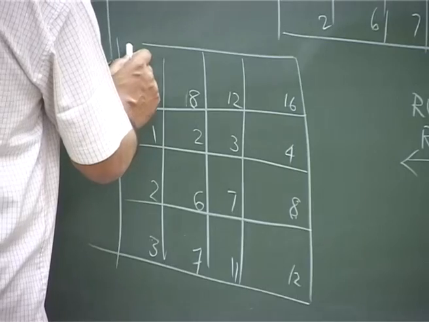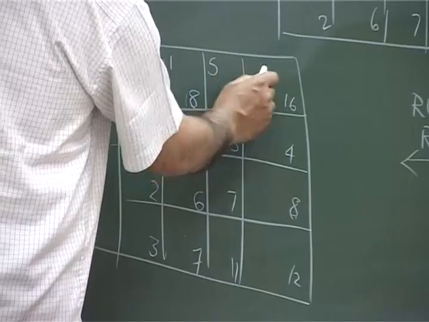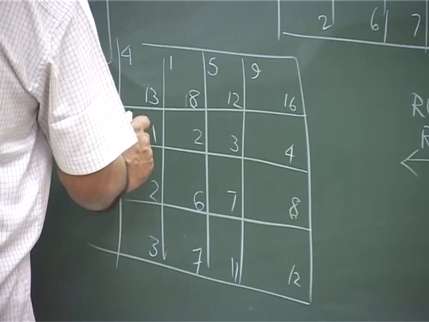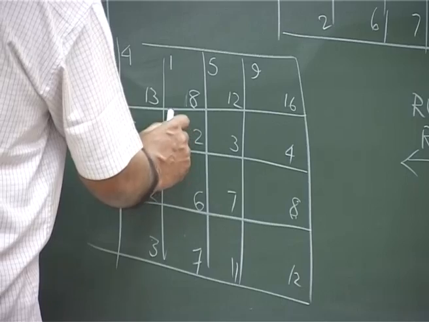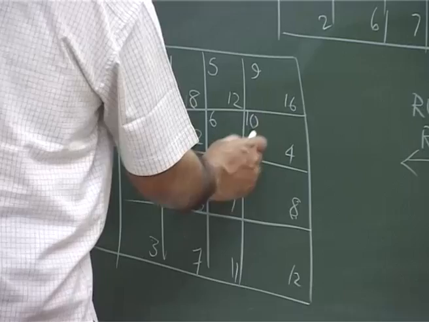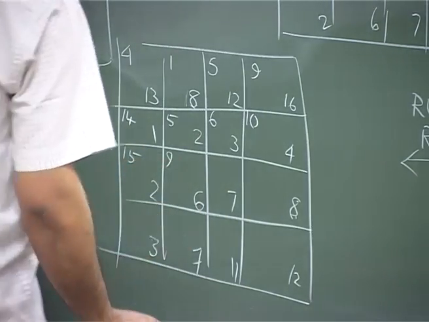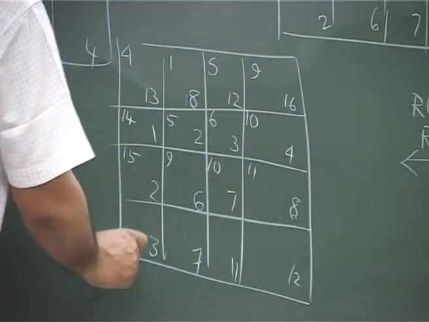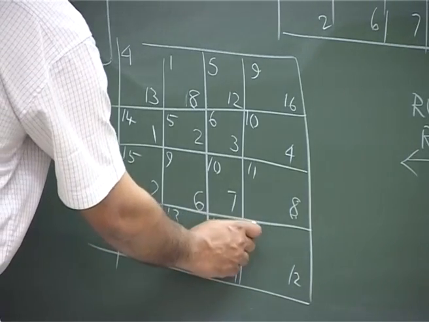This side it is 4, 4, 1, 5, 9, 14, 5, 6, 10, 15, 9, 10, 11, 16, 13, 14, 15.